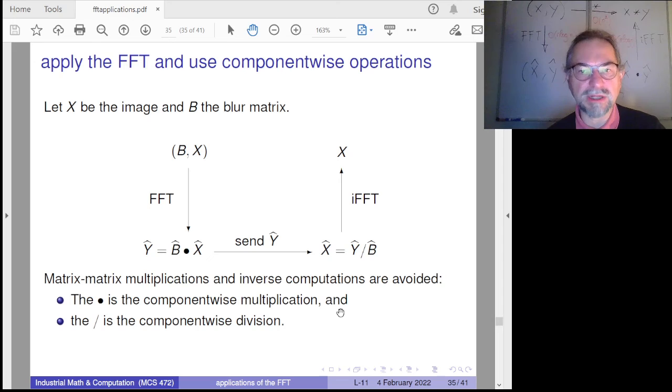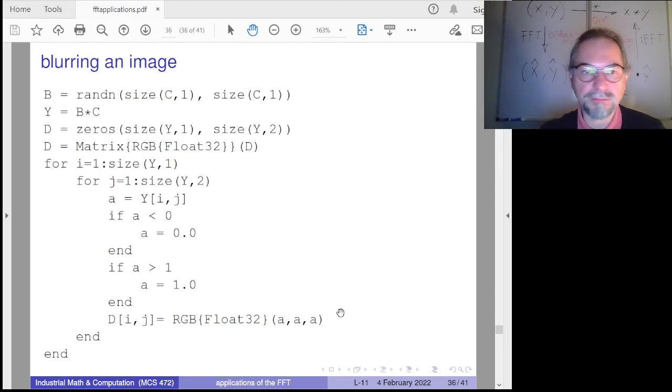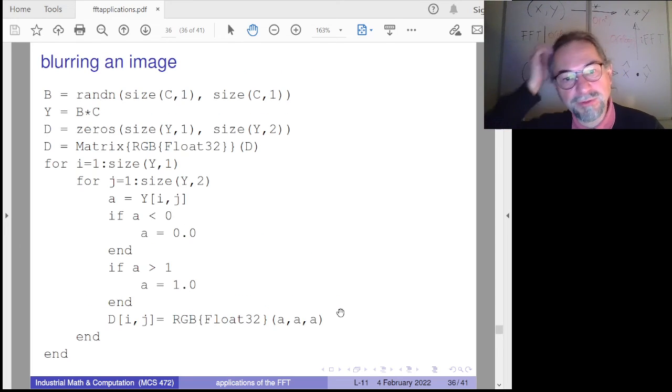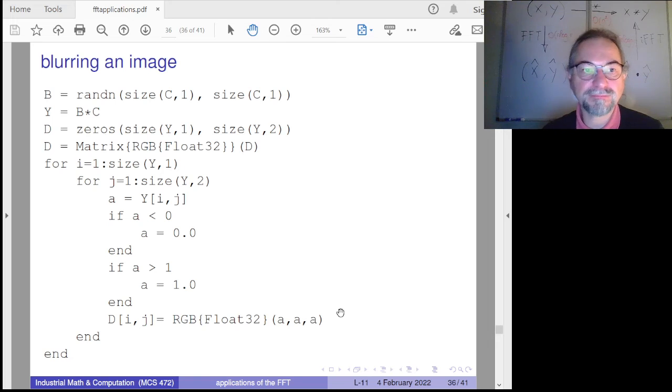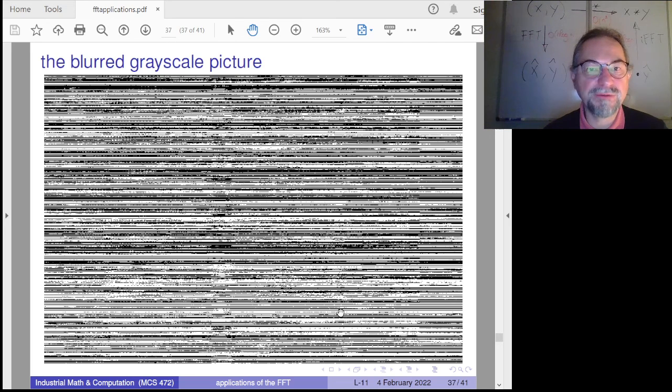So that could be another project. Or another investigation exercise: how does the two-dimensional fast Fourier transform actually work? Fortunately, we do not need to care about this because we are using here the FFTW package. What I want to say here is how the blurring works if you multiply with a matrix.